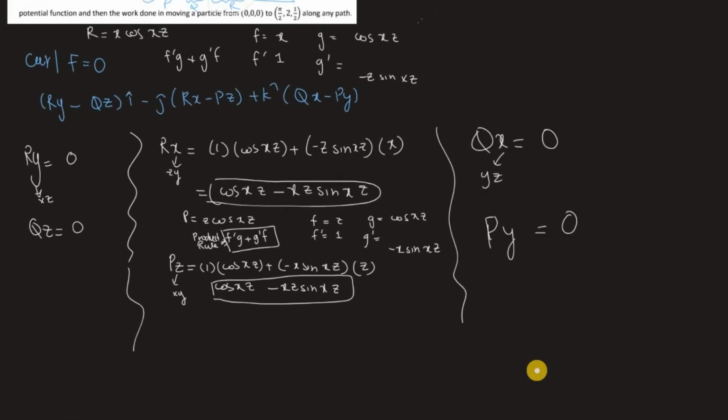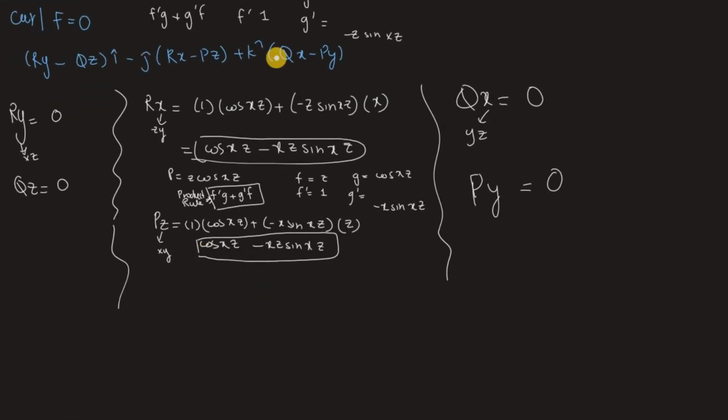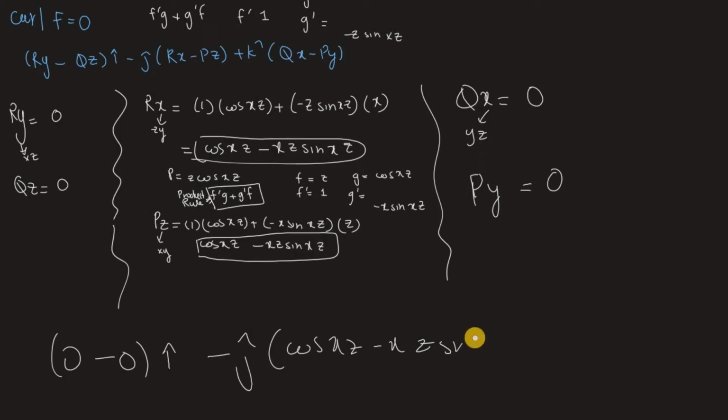Okay, so that makes our curl of f equal to 0, which means this vector field is conservative because we get r y minus q z. So if we do this, right, 0 minus 0 i hat, we only get 0 over here. And if we do negative j hat, and here we have this whole equation over here, cosine of xz minus xz sine of xz minus the same thing over here, so we do get 0 over here.